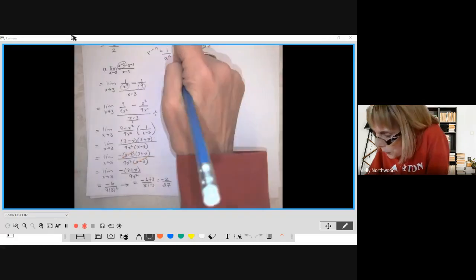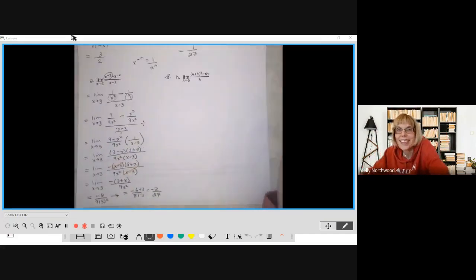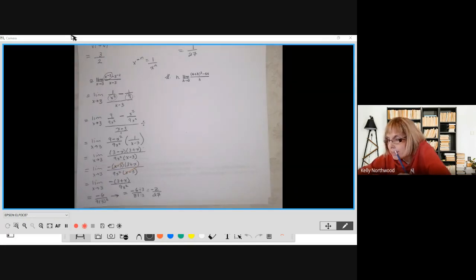Okay, H is a cool one. Look at it, see if anyone has any ideas. So I can't let H approach 0 because the denominator would be 0. Any ideas?